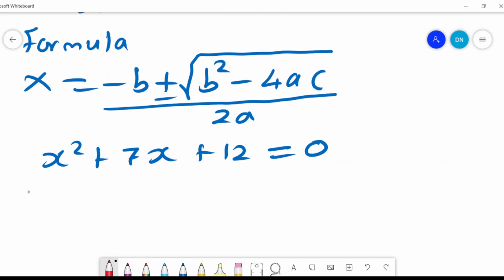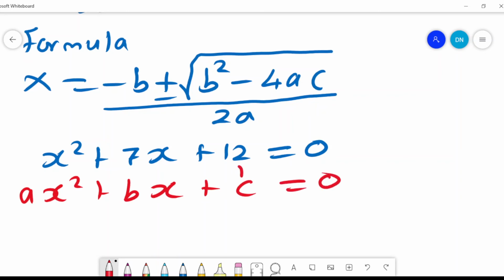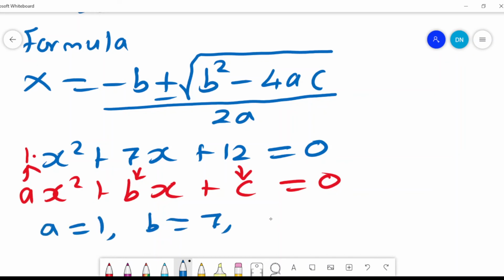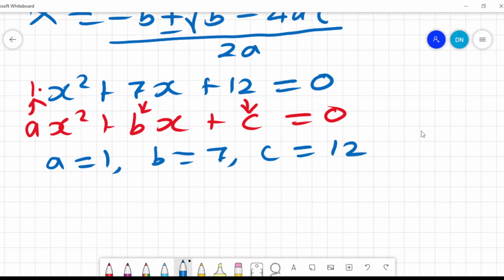Now, the standard form a quadratic equation is normally written in this form. So already I know my c, I already know my b, and I already know my a. My a should be 1. Therefore I note down my values, and then I can now go and plug them into the formula that you've been given.